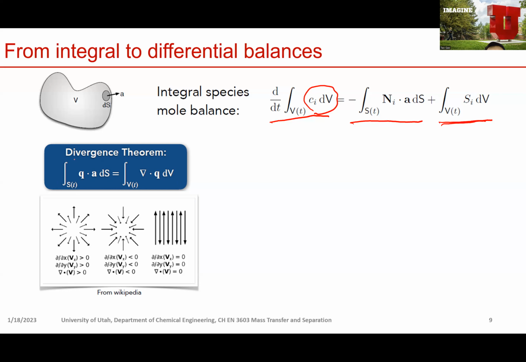And to do that, we have to apply the divergence theorem. This is a mathematical theorem that can correlate a surface integral into a volume integral of a divergence term.